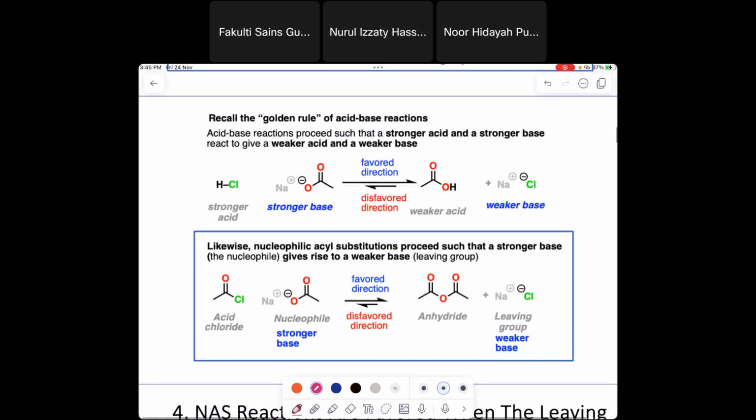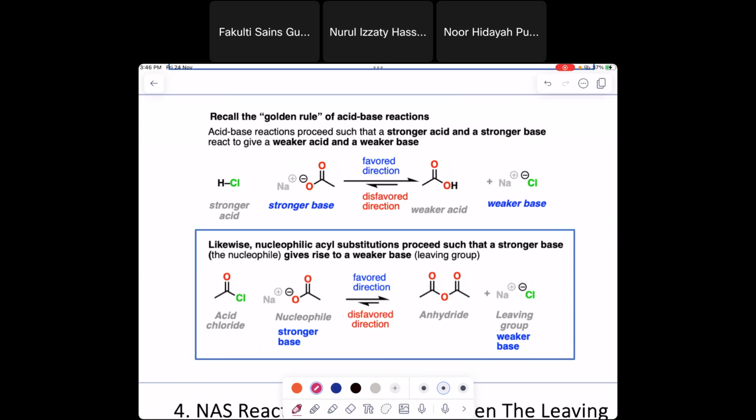And likewise, if you have a nucleophilic acyl substitution, it will always proceed like an acid-base reaction. So if you have a nucleophile which is a strong base, you must produce a weaker base. But how do you know which is the weaker base? Do you have to memorise the pKa? Because it's tiring. But you have some idea roughly where its position is, whether it's the weaker base or stronger base.